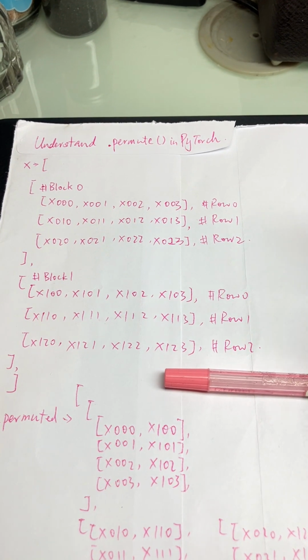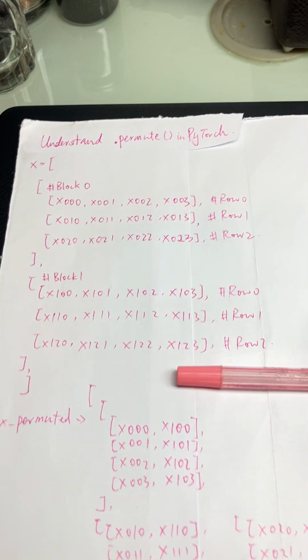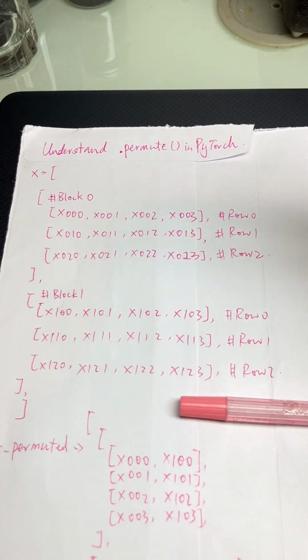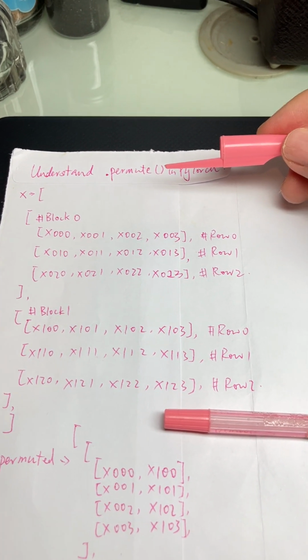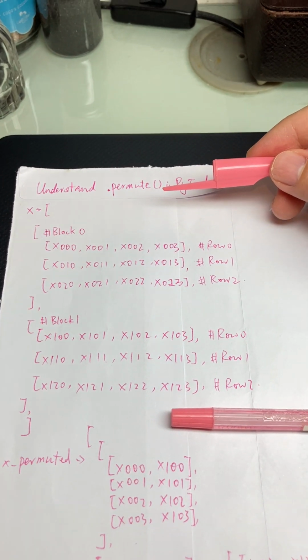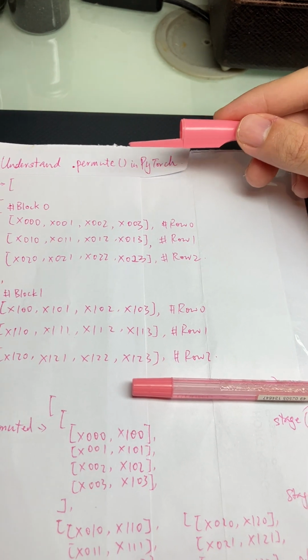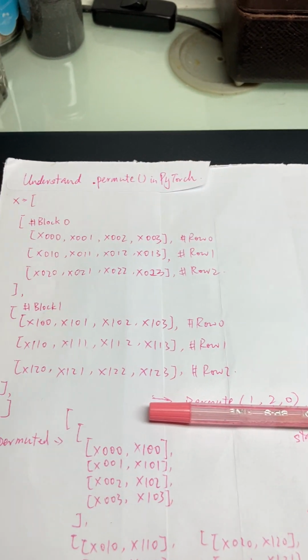Hello, good morning everyone. Today I'm going to make a video explaining to you the permute function in PyTorch. It is a really complex function, I will describe, because the logic behind it is so simple, but once it comes to high dimensions, it is quite hard to understand.